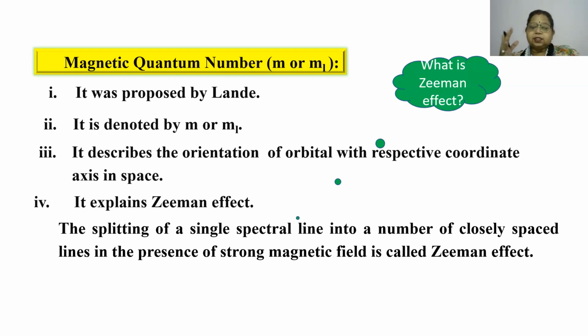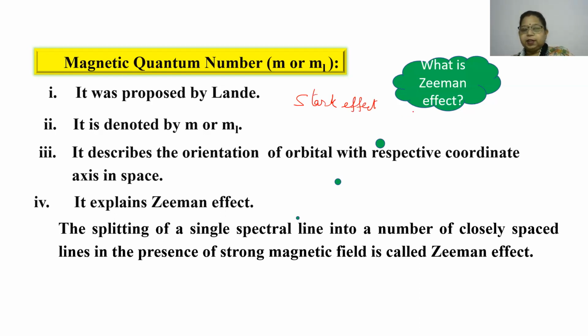Now, what does it tell us about the splitting of lines? In your regular school chemistry classes, you must have done the Lyman, Balmer, Paschen, Brackett series. There you might have seen that the lines are splitting, right? So it explains the Zeeman effect. There are 2 effects: one is the Zeeman effect, and the other effect in atomic structure is the Stark effect.